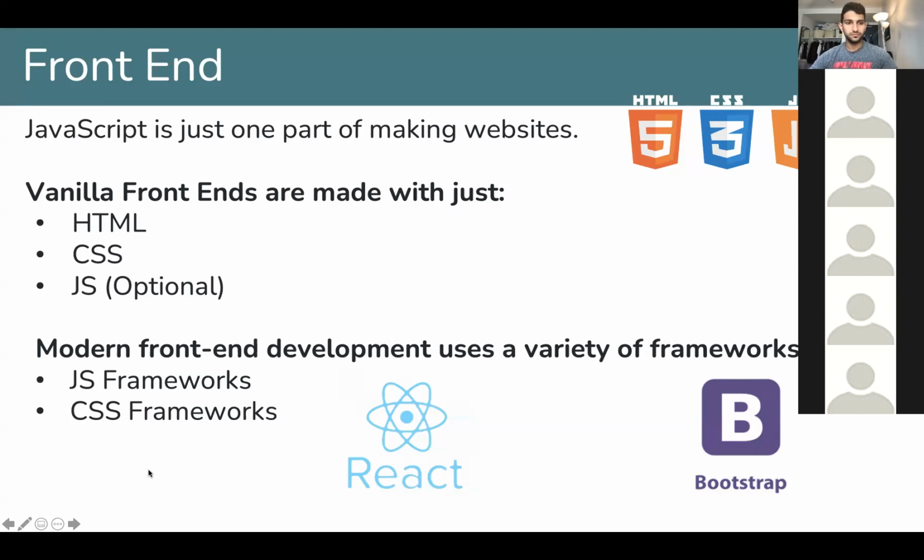And I'm going to talk about what HTML and CSS are shortly. Now, technically, these are all you require to make a website. However, modern web development uses frameworks such as React and Bootstrap, which are the tools you're going to be using in Platoon.